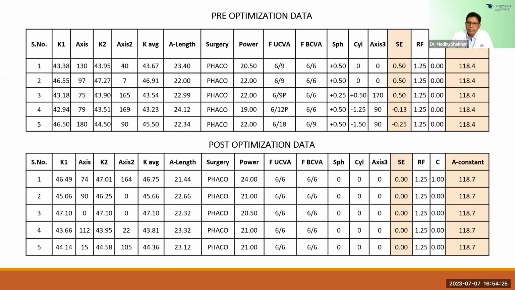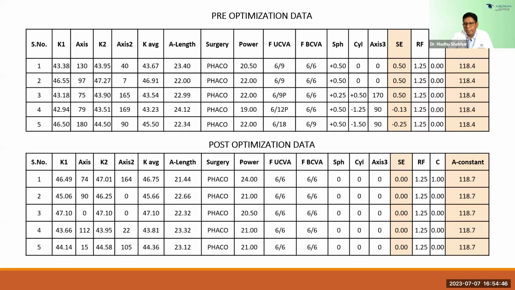We found that it was not coming close to 0, and the spherical error was also coming towards the plus side. In that IOL, we were using an A constant of 118.4.